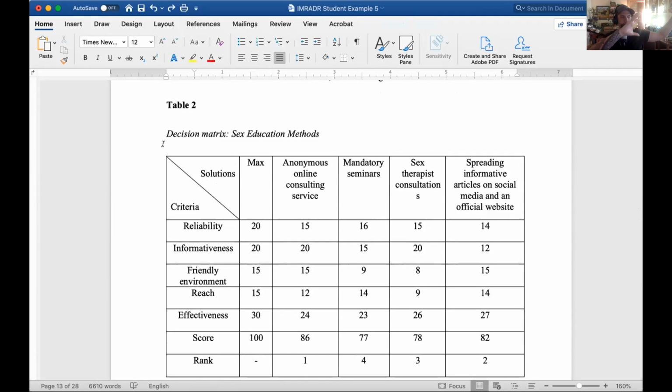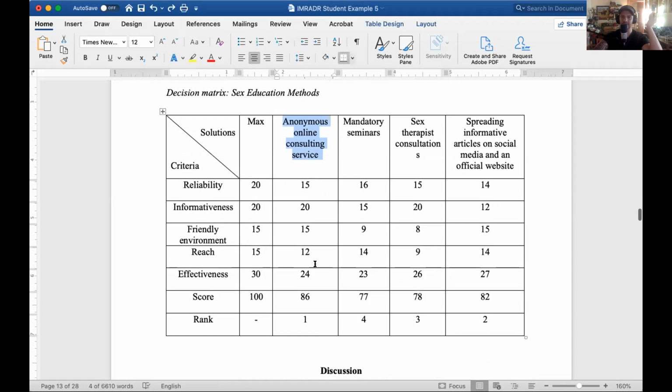If we're spending 6 weeks or 7 weeks doing extensive research to become amateur scholars on a problem and spend a lot of time, hundreds of pages of reading, looking across the world for solutions, and we then create this decision matrix and we do all this math to figure out what the best solution is, and then we don't even pick any of those, it's a little problematic. Now, the reason why I think it is okay is because they say an online consulting service, right?